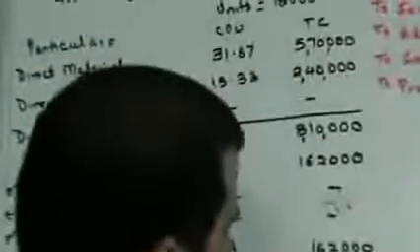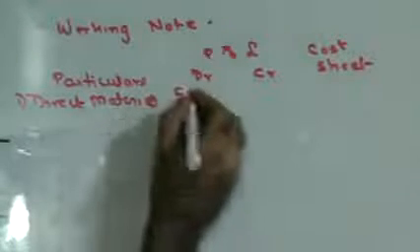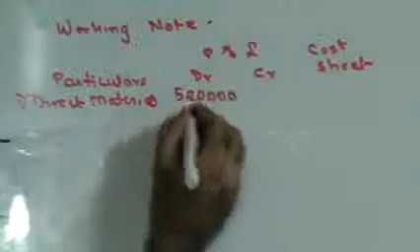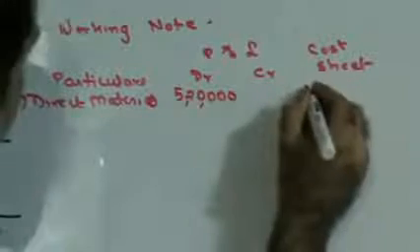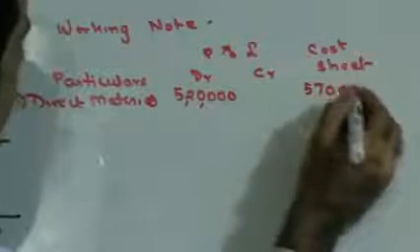So you will record that in working note. In working note, those figures will be recorded where the amounts are not the same. So direct material in P&L is 5,20,000 and in cost sheet is 5,70,000.